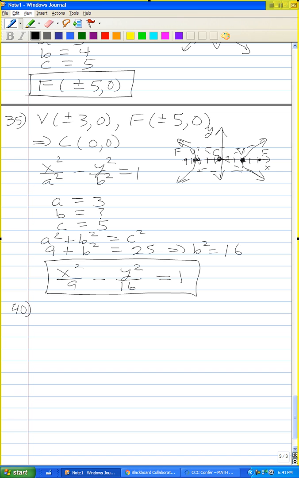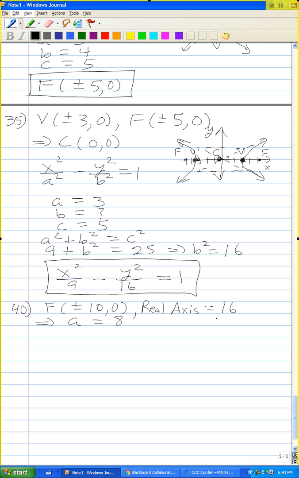And so the foci are located at plus or minus 10, 0. And the real axis is 16 units. Okay. Well, that says that, well, a is half of that, 8.